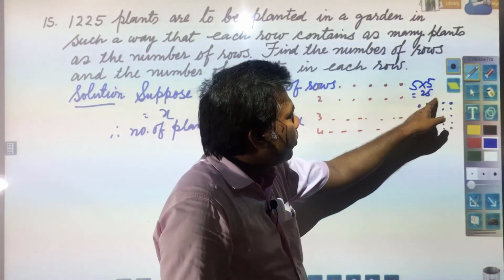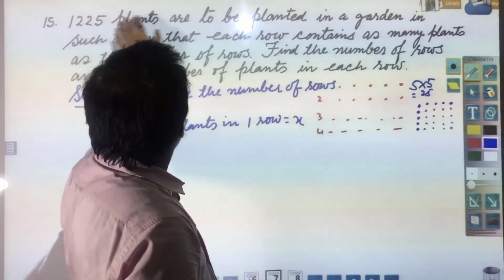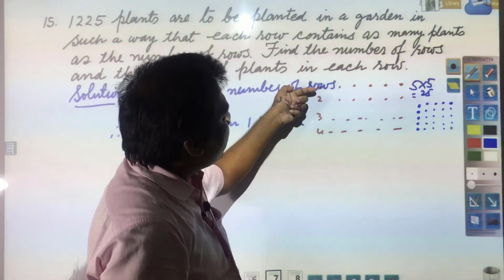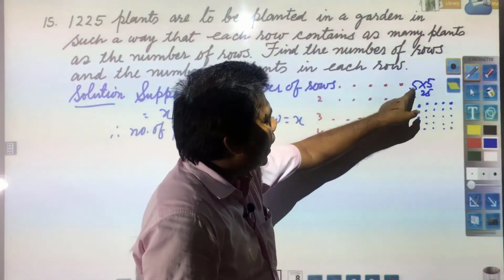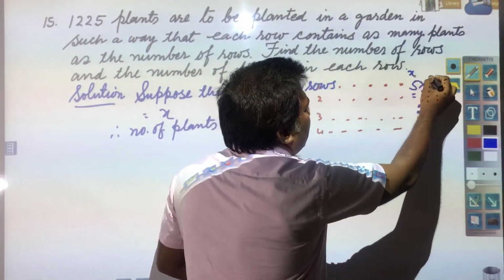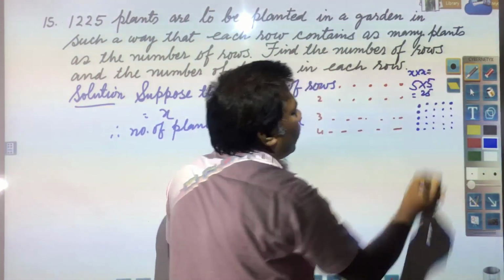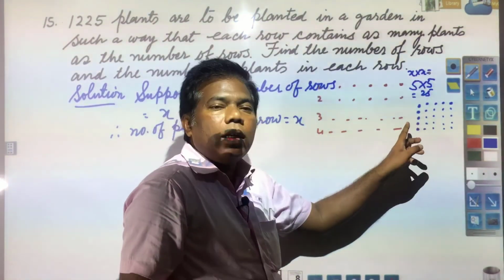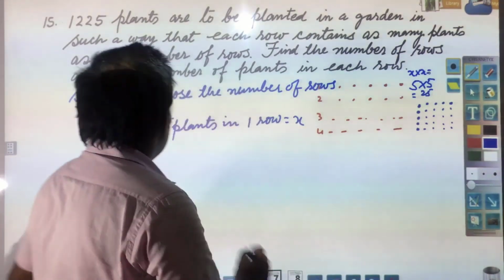So, this number 25, the number of plants, has been given over here, and you have assumed the number of rows is equal to x. As you have 5 over here, you have assumed x. So, x into x will be what? The number of total plants.